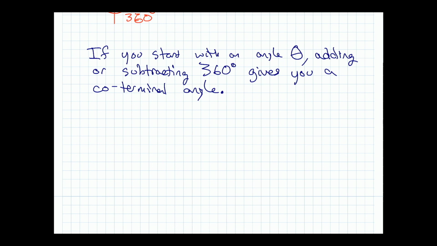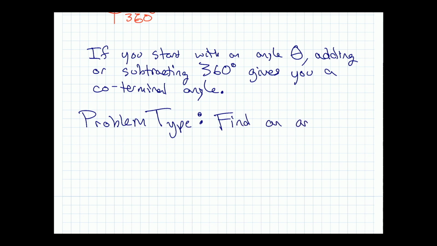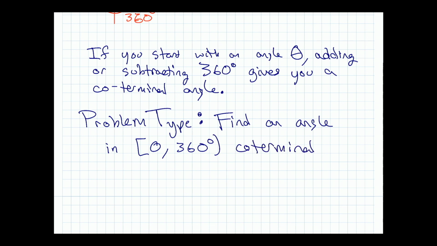Why is it a key? Because there's a specific problem type that they're going to ask you to do. So what they're going to ask you to do is something like this. Problem type: find an angle, or the angle, in 0 to 360 degrees coterminal with angle blank.